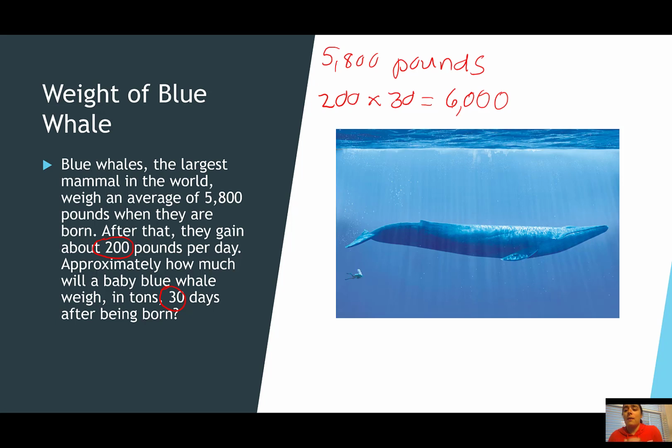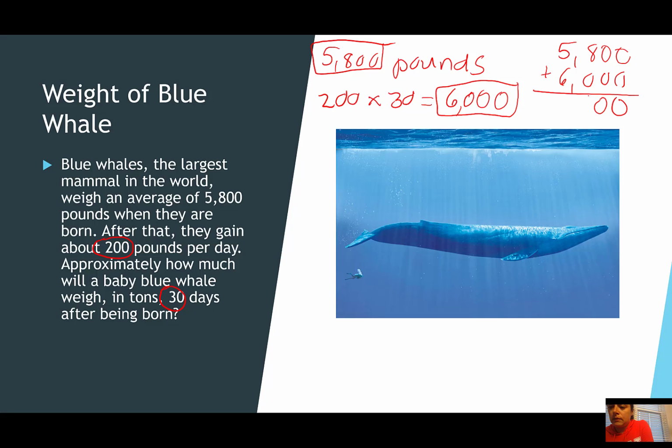So let's add up how much the whale is going to gain to its birth weight, which is 5,800 pounds. So I have 5,800 pounds plus 6,000 gives me 11,800 pounds. Now, in the problem, it's saying the word approximately, which reminds us we want to round or estimate that amount.